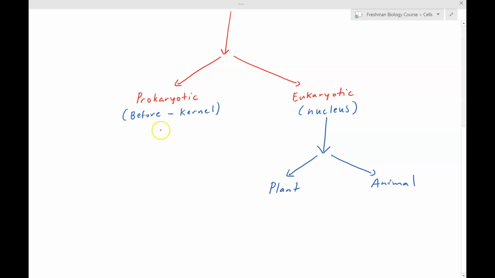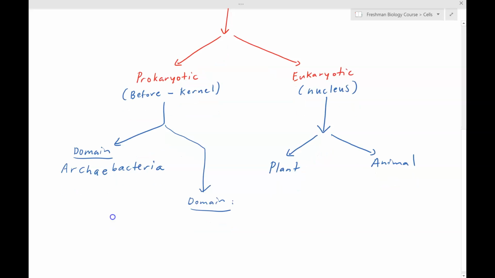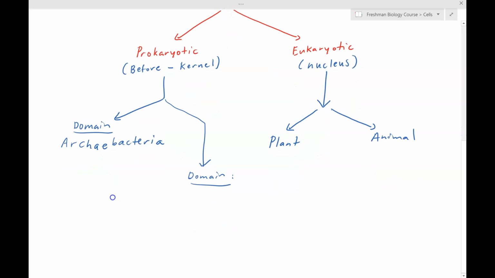Prokaryotic cells are also going to be broken up into two groups or two distinct domains. The first domain would be Archaeobacteria, and our second domain is going to be the domain that covers the traditional bacteria that we are used to.